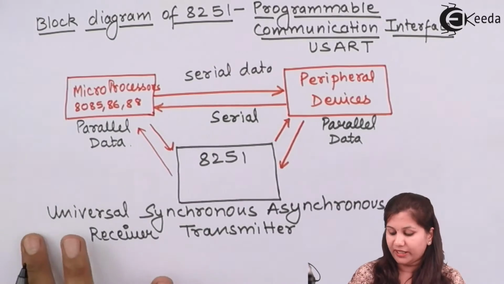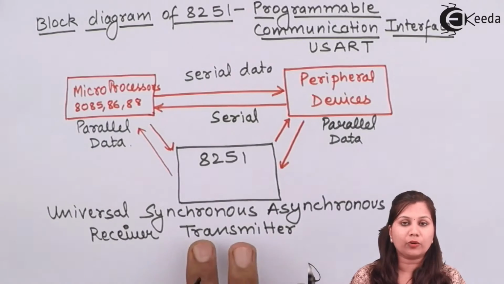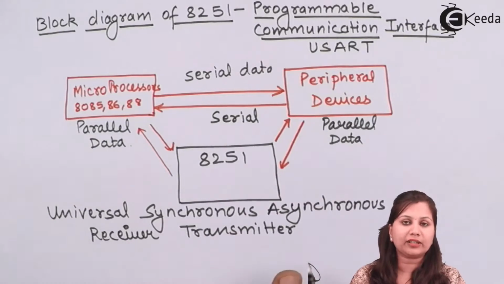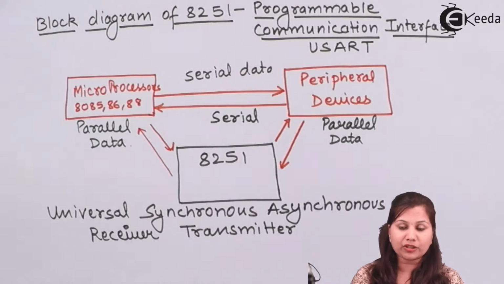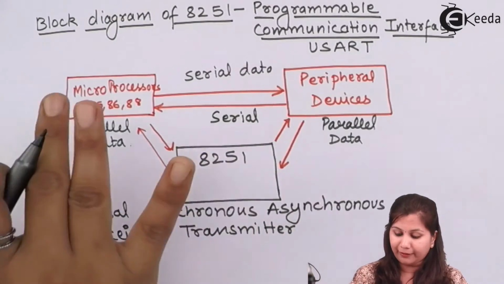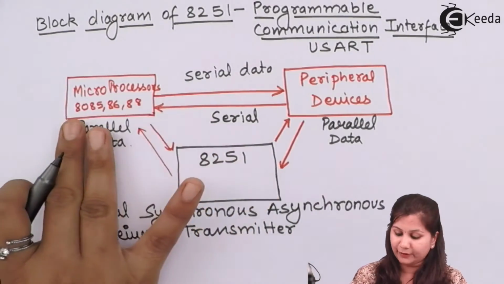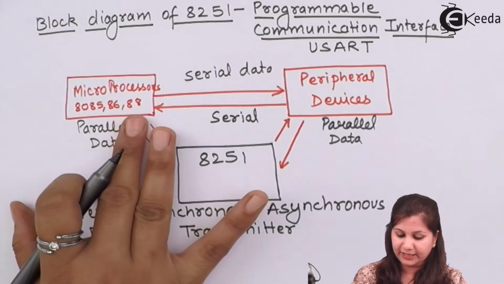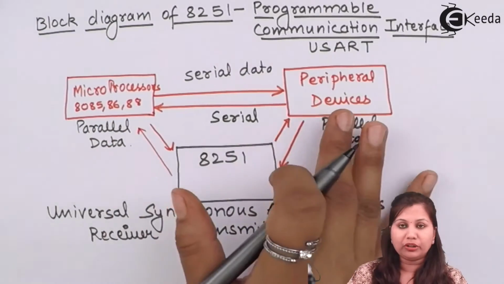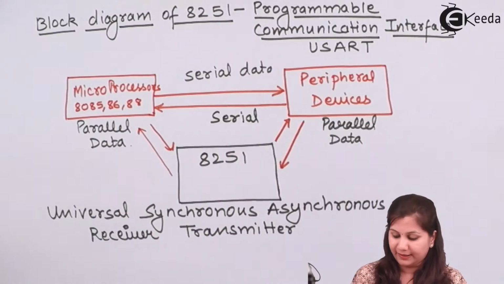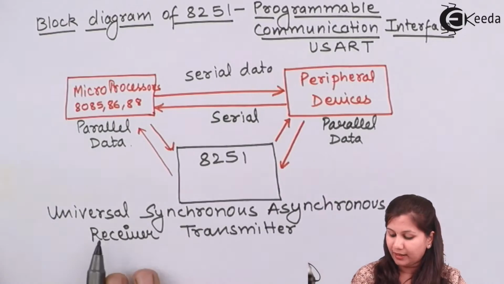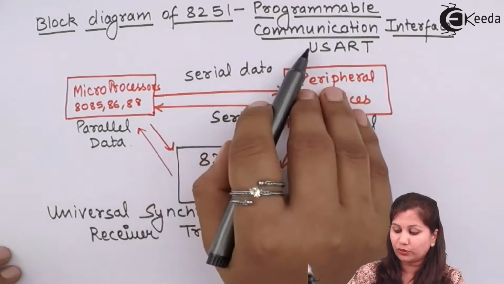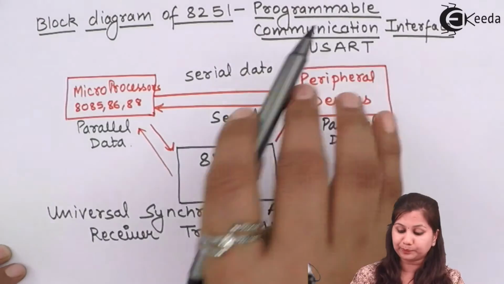That's why it is known as the universal synchronous asynchronous receiver transmitter, accepted universally by all the manufacturers as an interfacing standard that can be used whenever the microprocessor families like 8085, 8086, 8088 are communicating with the peripheral devices. Its short form is USART, so it is also known as the USART.